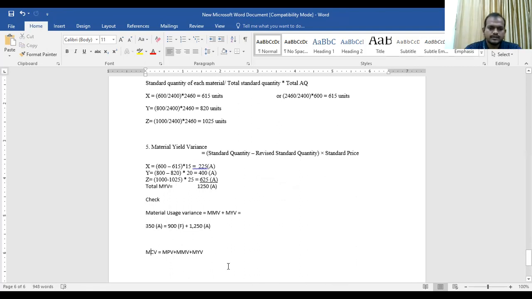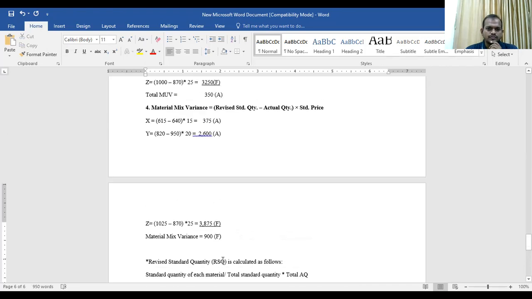Let us cross check the material cost variance. The material cost variance is the combination of material price variance and material usage variance. We already cross checked with the material mix and material yield variance. So we'll see both.